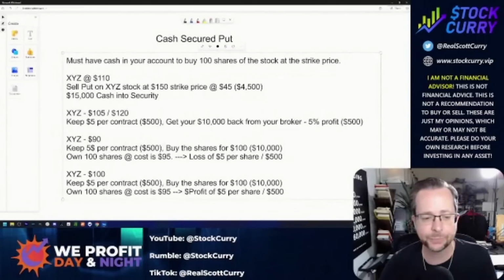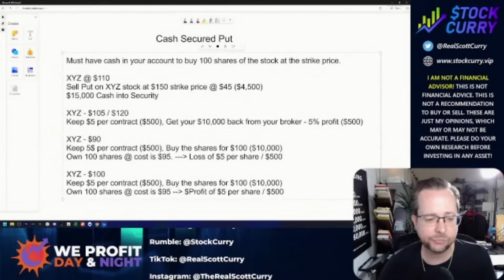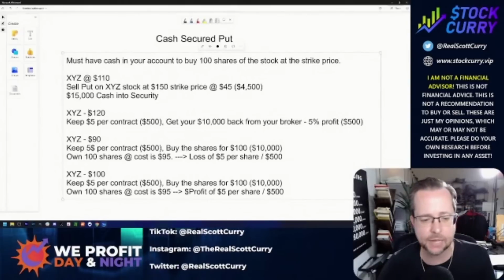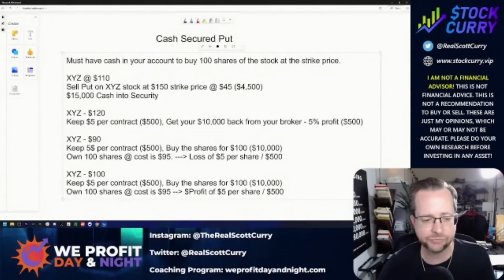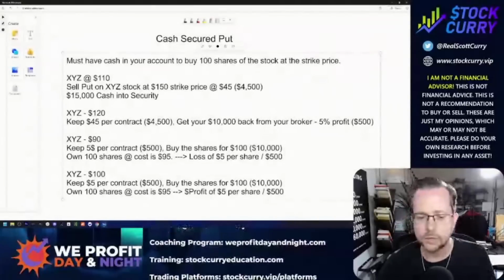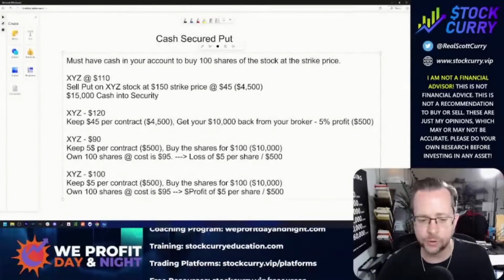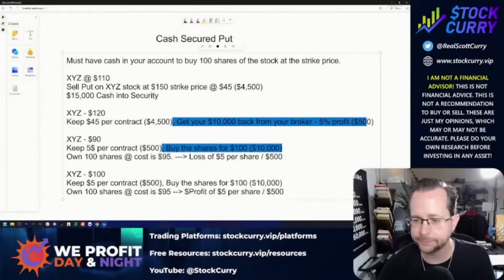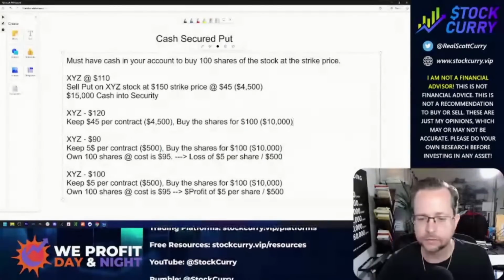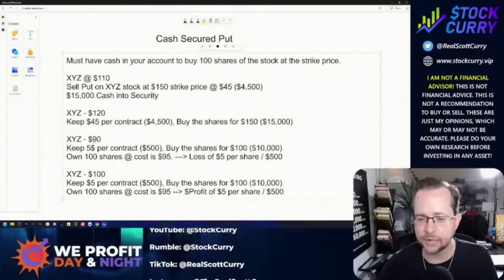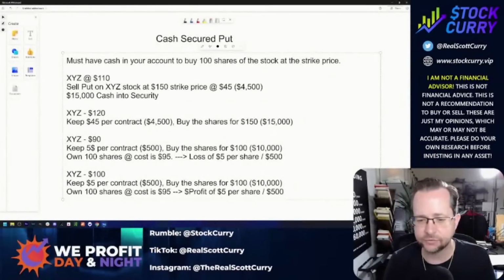Well, here's why. Let's say XYZ went up to $120. Guess what? You're going to keep your $4,500 per contract. You've got to buy the shares though, right? So you've got to buy the shares for 150 bucks, $15,000. What's the net?